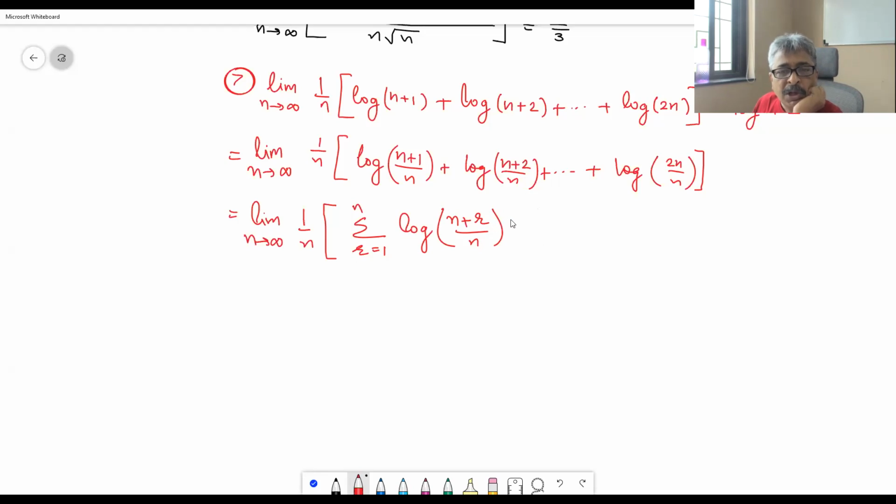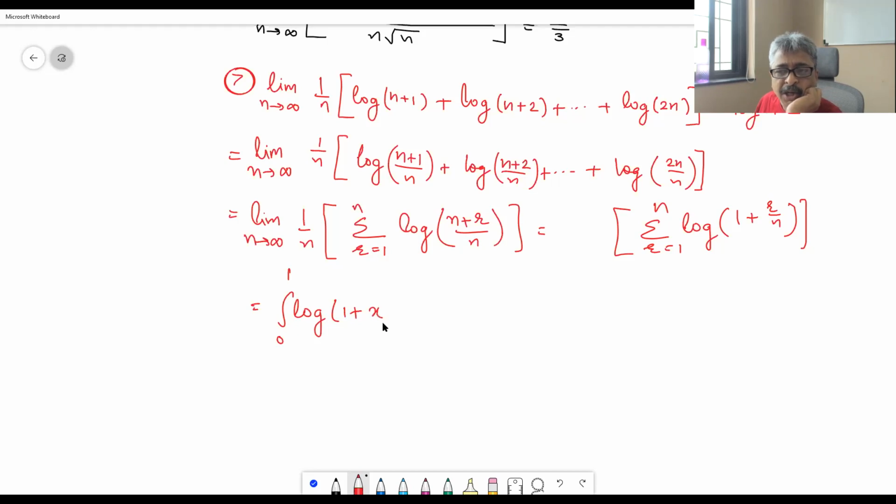Therefore, we take out n common from the first. We get this bracket sigma r goes from 1 to n log 1 plus r by n. That common n gets cancelled with denominator. So this is what is your formula, which is going to be integral 0 to 1 f of log of 1 plus x. Is that correct?